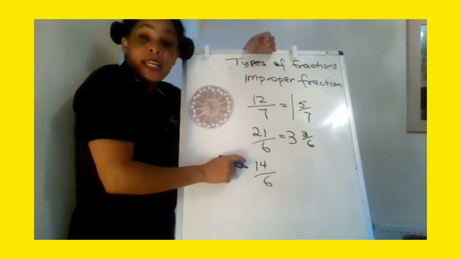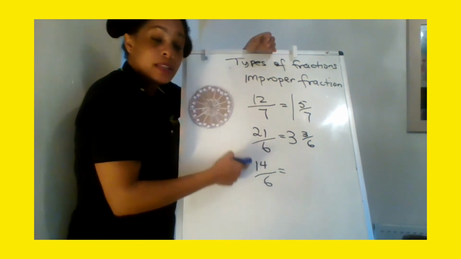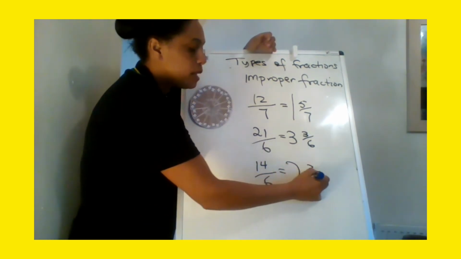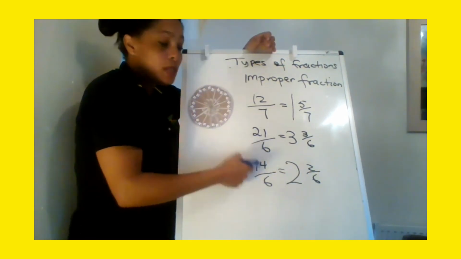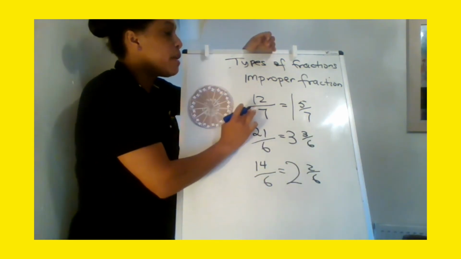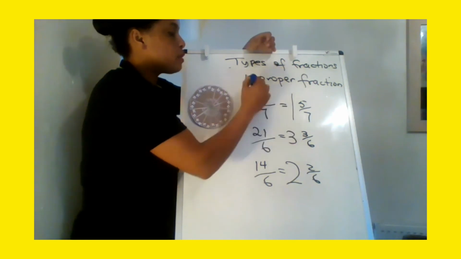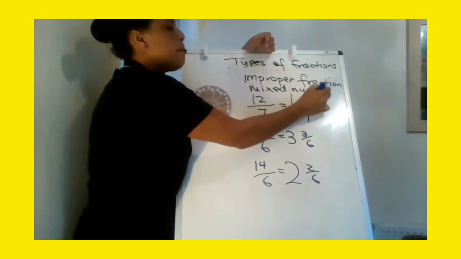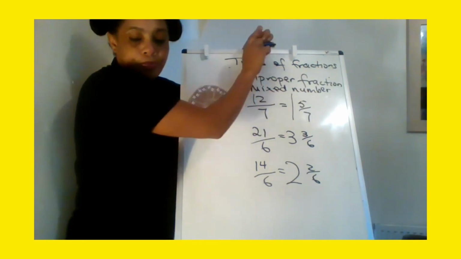How many 6 pieces can I get out of 14 pieces? 6 into 14 is going to give me 2 times, and then I'm going to have 2 pieces left over. So this means I could get 2 whole cakes and 2 pieces left over. So we can change an improper fraction into a mixed number.